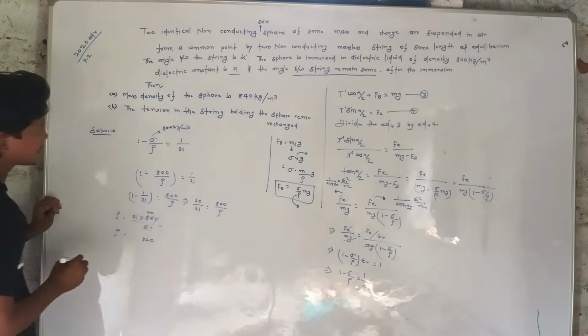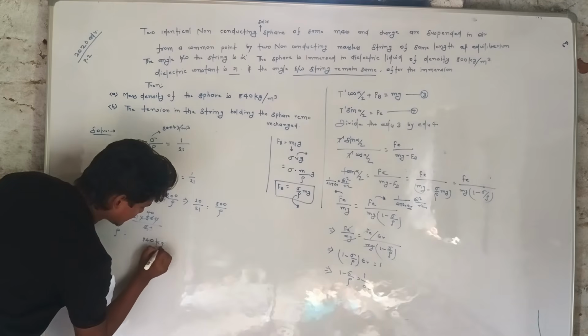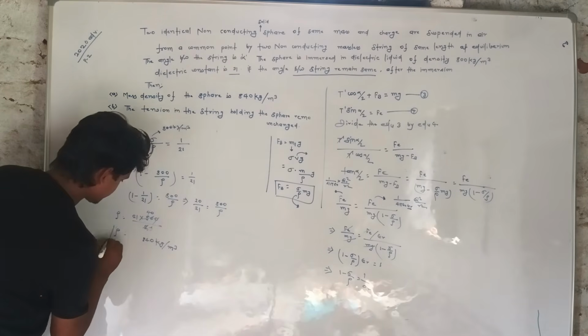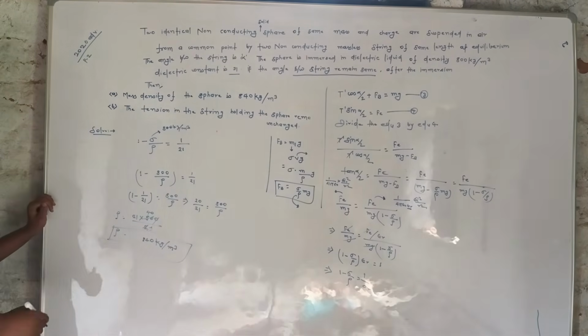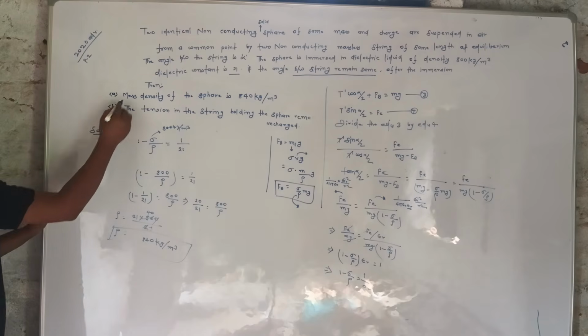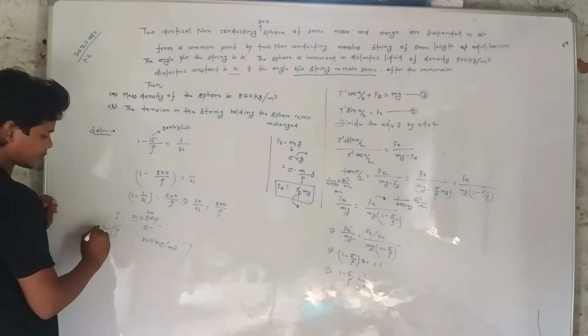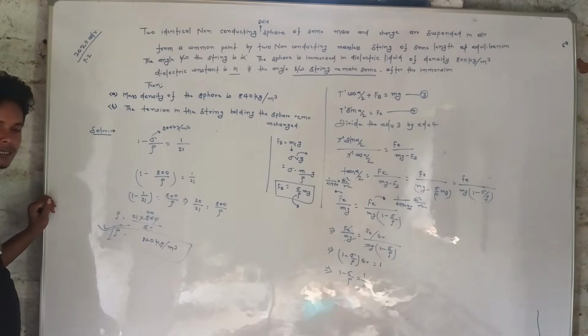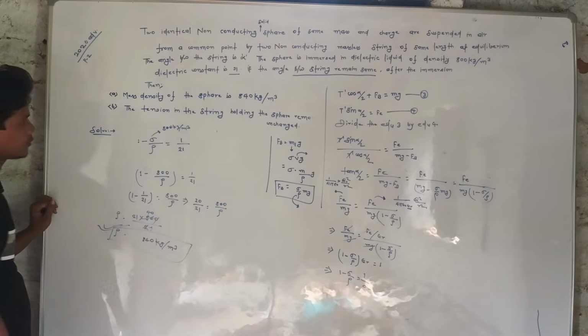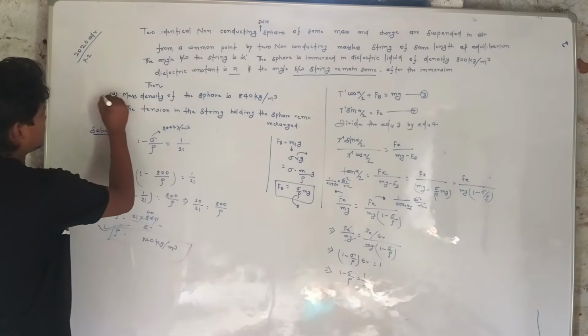That is, the mass density of the sphere is 840 kg per metre cube. So option A is correct.